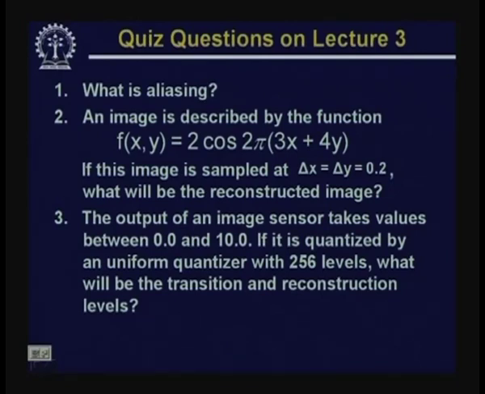The image sensor produces analog values between 0 and 10. These analog values are to be quantized by a uniform quantizer, which has 256 levels. Then you have to find out what will be the optimum transition and reconstruction levels. Thank you.